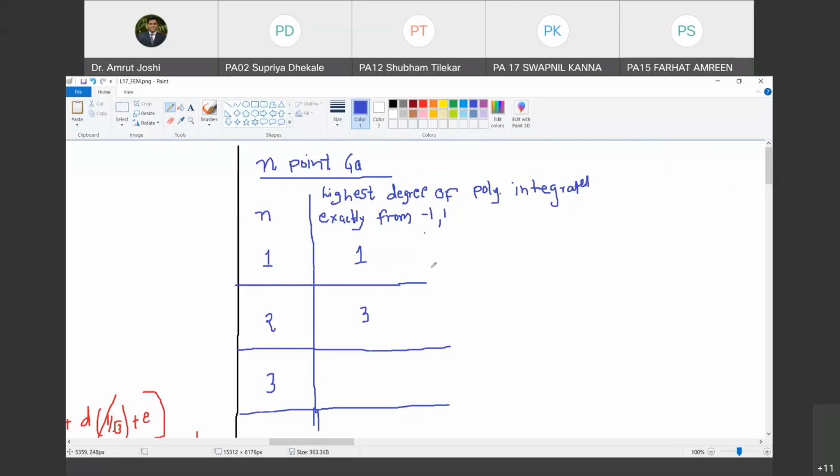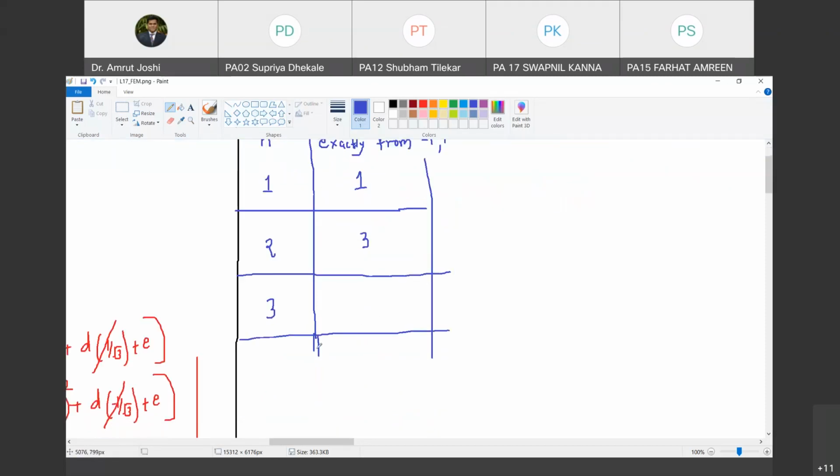Okay, so this is the summary of what we have learned in today's class. Now let us update this table in the next class. Now, where are we heading towards? Once we explain the global picture, the context in which we are doing this, we will close today's class. In the isoparametric formulation, all the elements were transferred to the domain minus 1 to 1. Do you agree with me? Yes, sir. And to get stiffness matrices and force matrices, we had to integrate. That integration was within the limit minus 1 to 1.